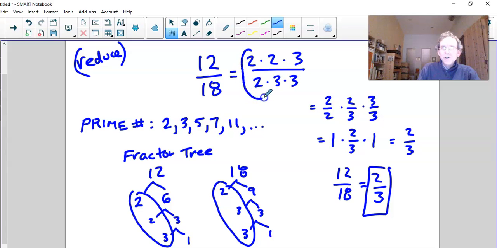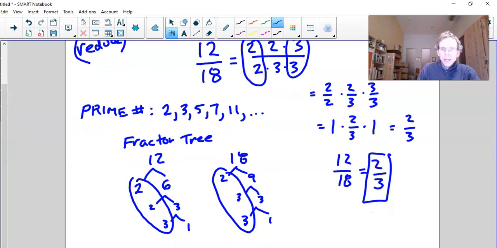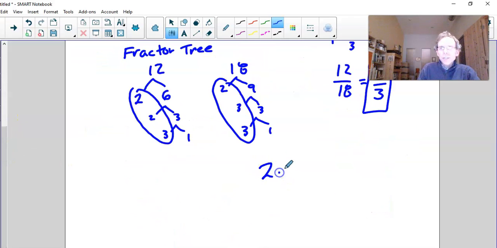You could circle the things that are common top and bottom, right? Those are the ones that turn into 1s. Some people just cross these numbers in the circles out and say, oh, they cancel, right? Leaving the 2/3. That 2 times the 3, though, right? Those are the numbers in the circles.